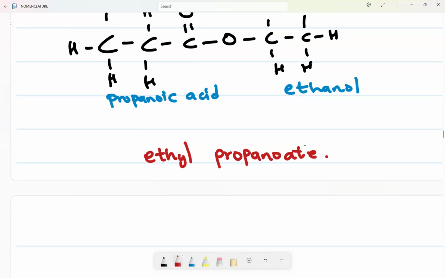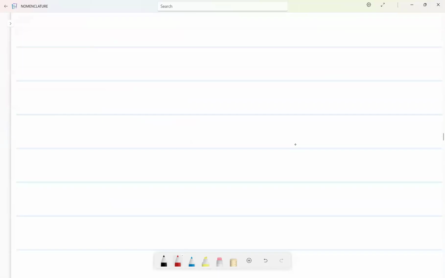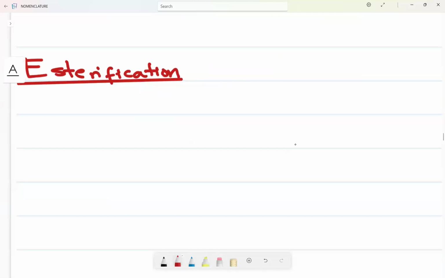Now, I will just automatically do the reaction of ester here, what we call now esterification. Okay? What is the esterification?